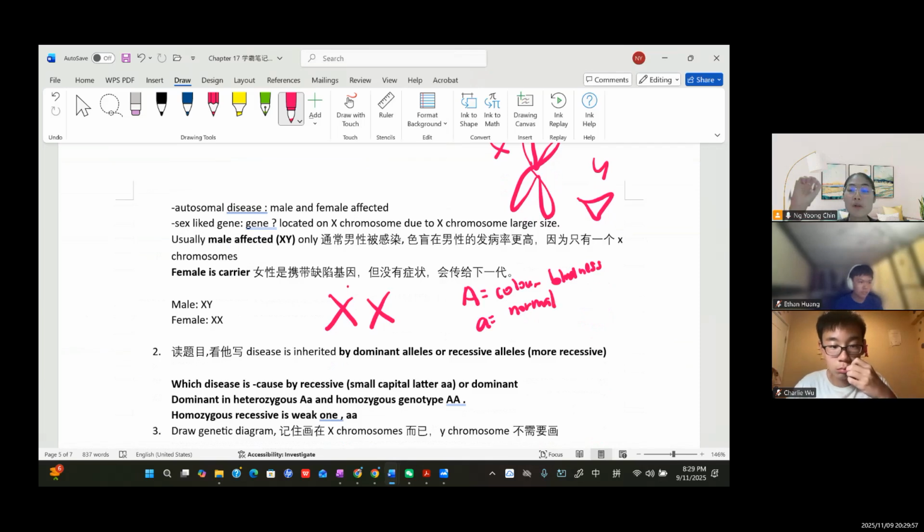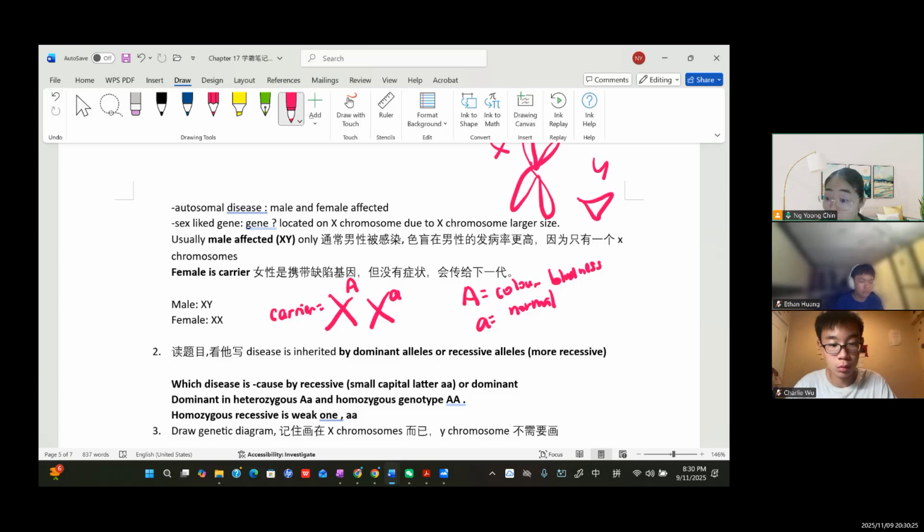So in the female, because you have two copies of the X chromosome, if one X chromosome carries the big A and the other carries the small a, this is a carrier. Will a carrier show any symptom?